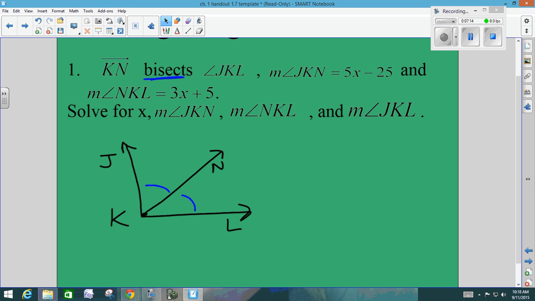All right, now we're going to take what else they give us. Let the measure of JKN equal 5x minus 25, and the measure of angle NKL is 3x plus 5. Okay, we have to solve for x, which means we got to come up with an equation with these expressions.